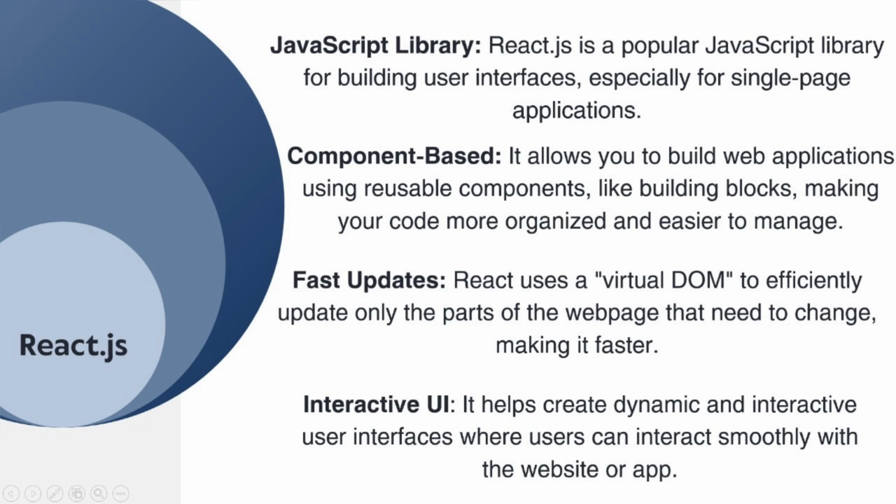Fast updates. React uses a virtual DOM to efficiently update only the parts of the web page that need to change, making it faster. Interactive UI. It helps to create dynamic and interactive user interfaces where users can interact smoothly with websites or apps.